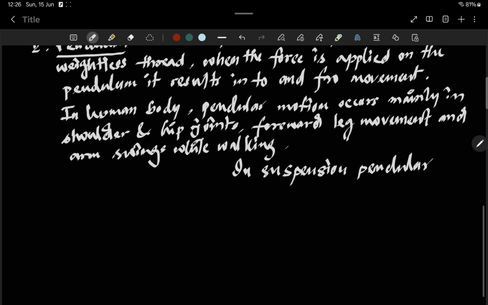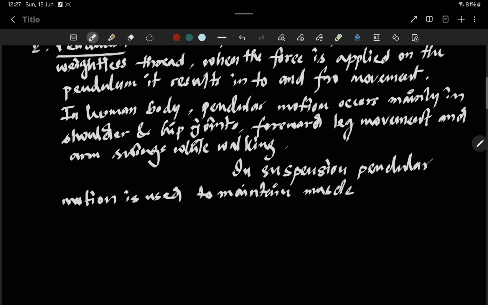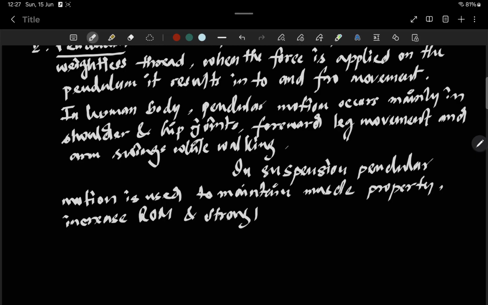Next, we'll write, in suspension, pendular motion is used to maintain muscle property, increase range of motion, and strengthen the muscles.